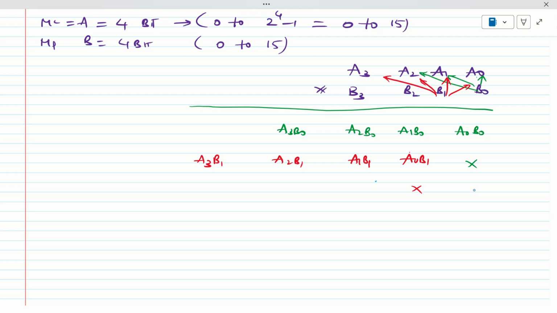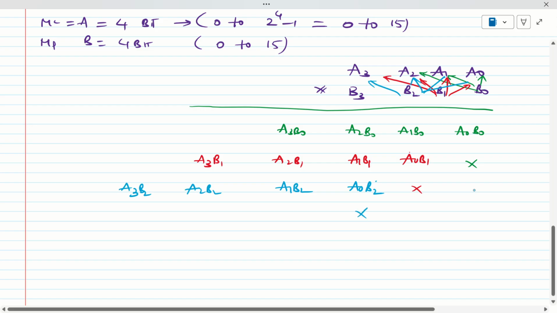A0 into B2, A1 into B2, A2 into B2, A3 into B2. The last terms are nothing but A0 into B3, okay. Next one is A1 into B3, next one is A2 into B3, next one is A3 into B3.